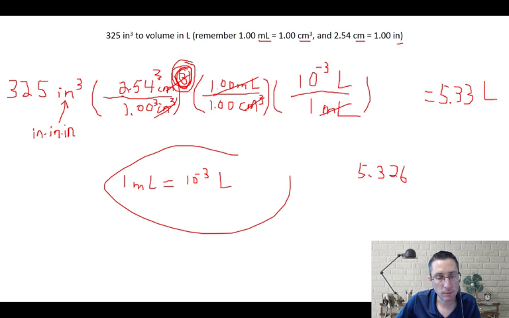If it's confusing you, it's because I used this shorthand. It probably makes more sense to not use the cube to save space and just write out 2.54 centimeters per 1 inch 3 times, because I'm going to need 1 for each inch to get rid of.